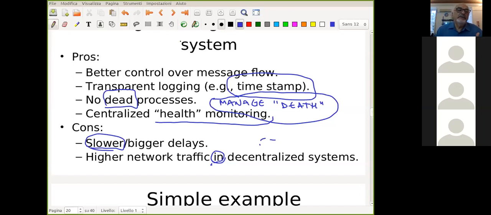And if you define the health monitor as a process which is hard real time, it means that in any case it has to compute before the mandatory deadline. You are sure, and of course the operating system gives you the primitives to define that that process is hard real time.